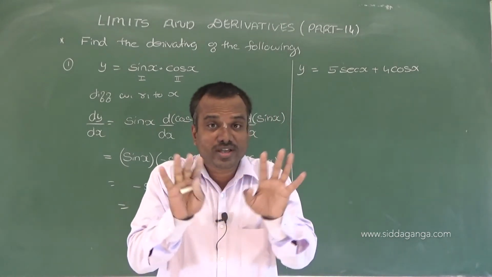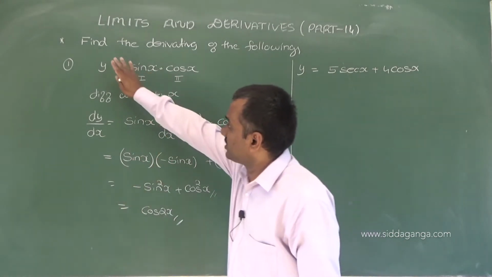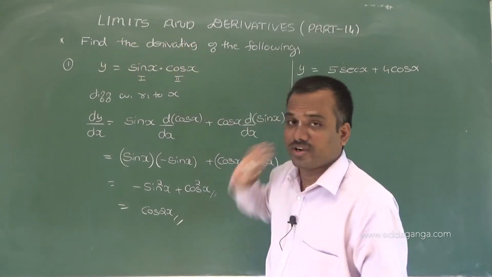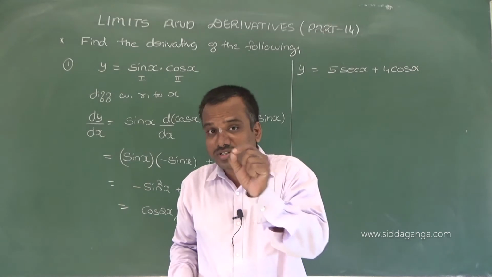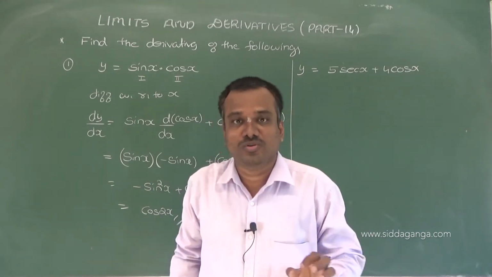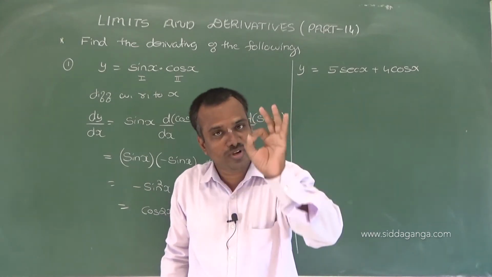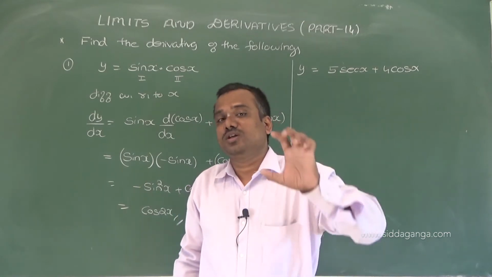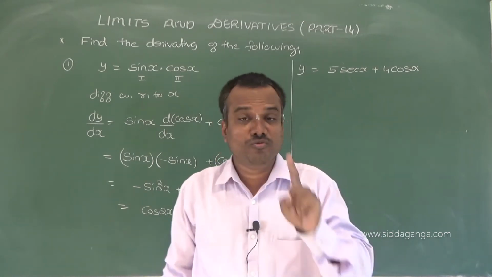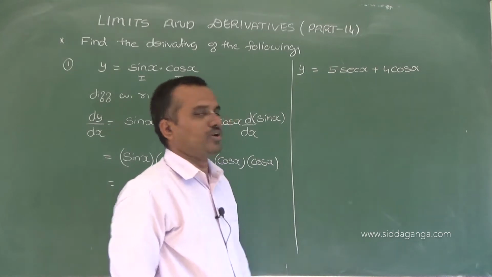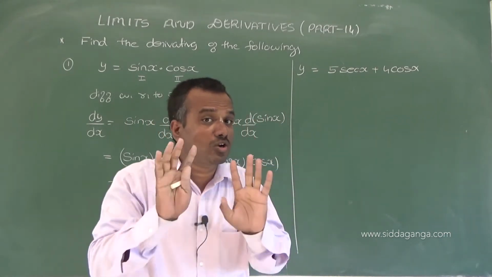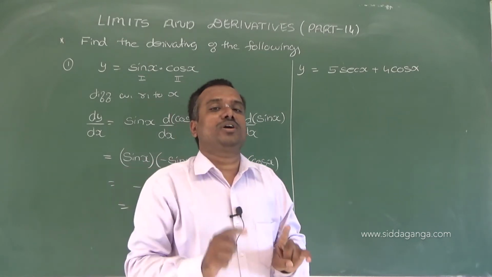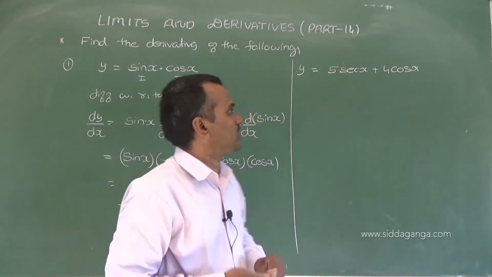They ask only to find the derivative. You can recognize: if the function is in product form, we apply the product rule; if in quotient form, we apply the quotient rule; or else the addition rule. So we have to identify, that is very important.